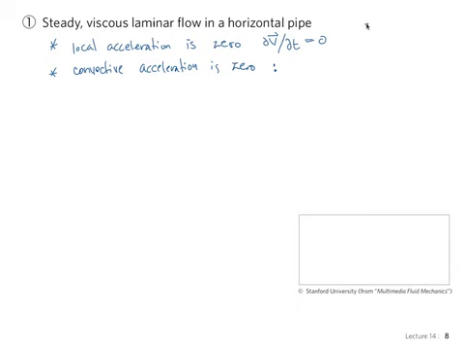So if there's a particle in this place and it moves to this place, its velocity is the same. The velocity patterns are going to be the same. So velocity profiles do not change along the pipe.